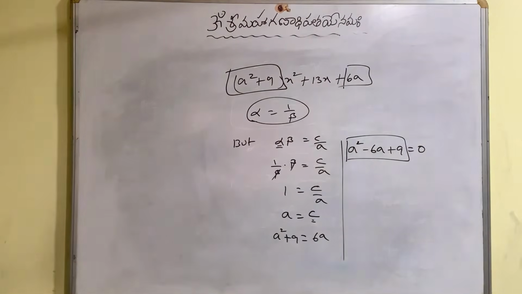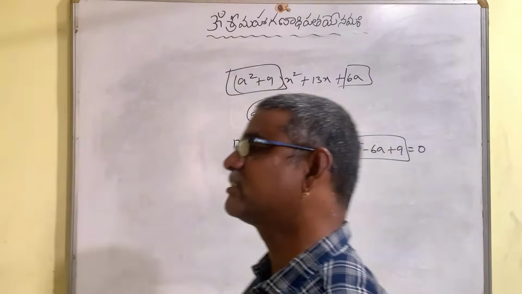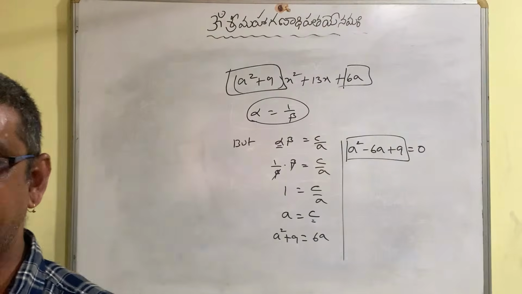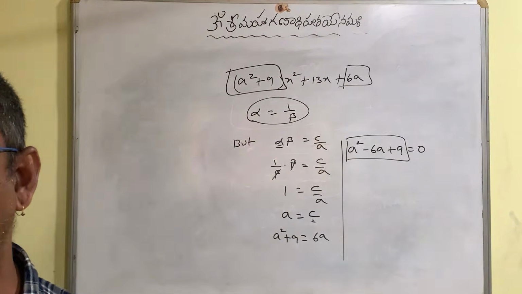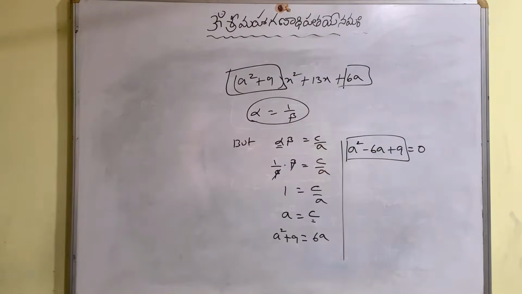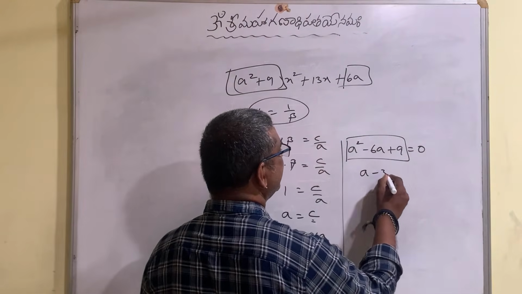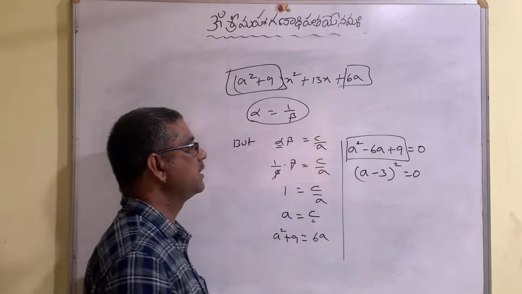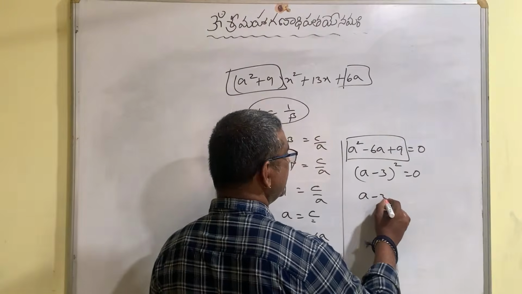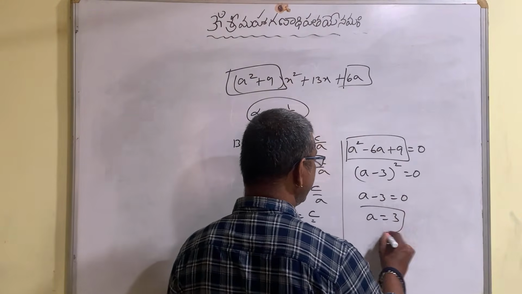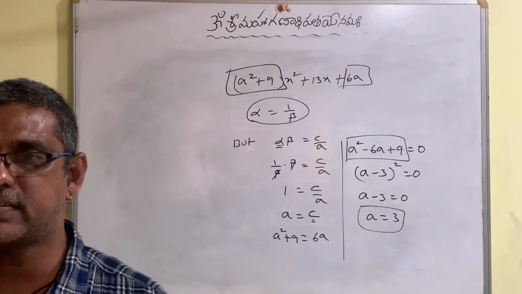It is (a minus 3) whole square is 0. That means a minus 3 is 0, a is equal to 3.